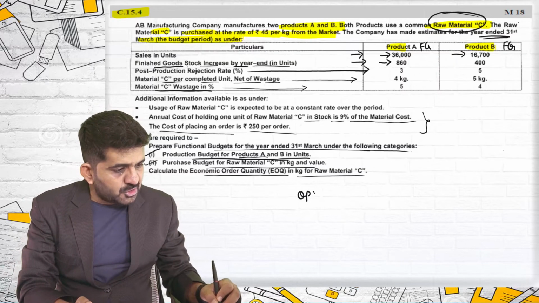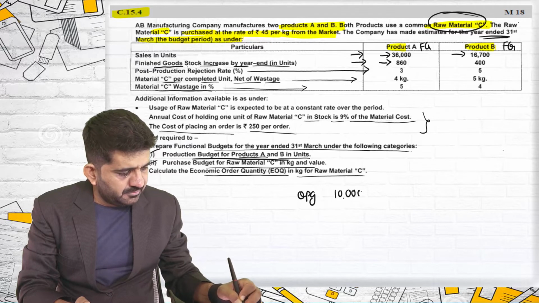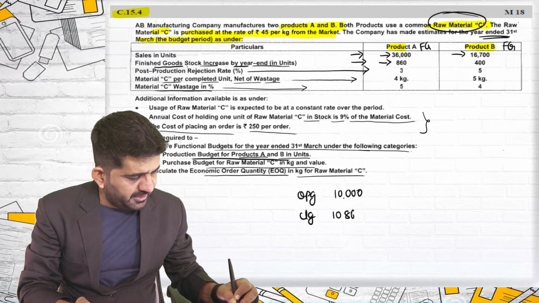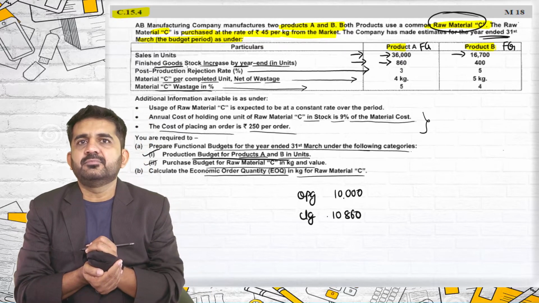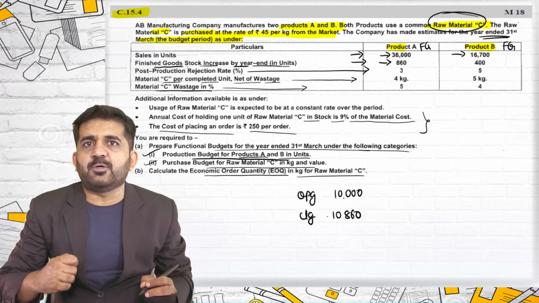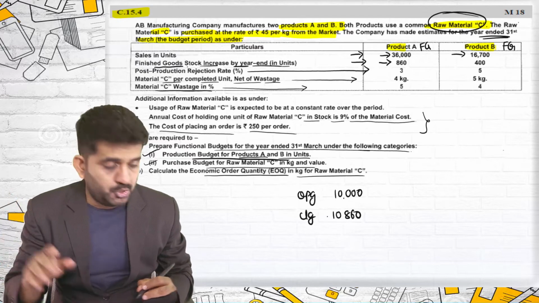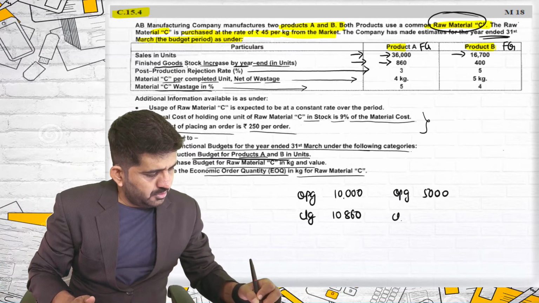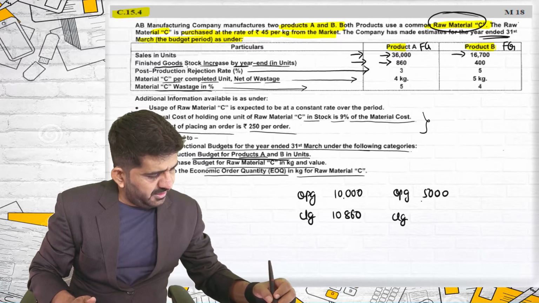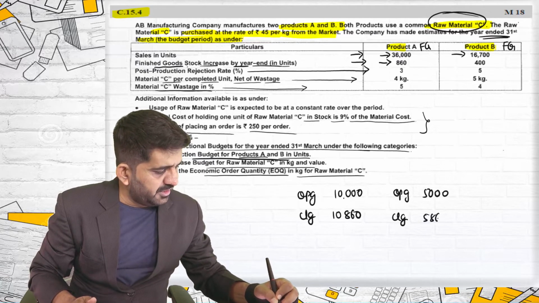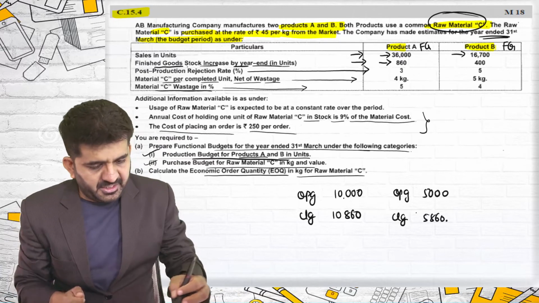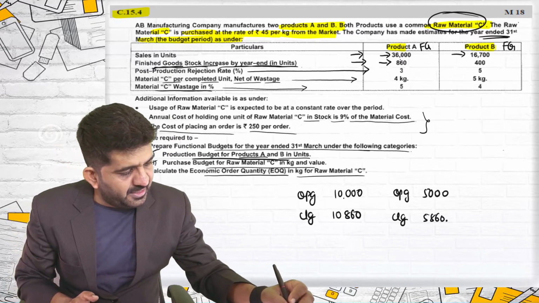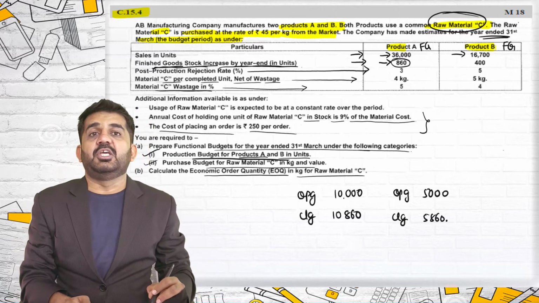If opening stock is 10,000, closing stock will be 10,860. Sir, how you came to know that opening stock is 10,000? We have just assumed. If opening stock is 5,000, closing stock will be 5,860. This is what it means. Finished goods stock increases by year end by 860 units.